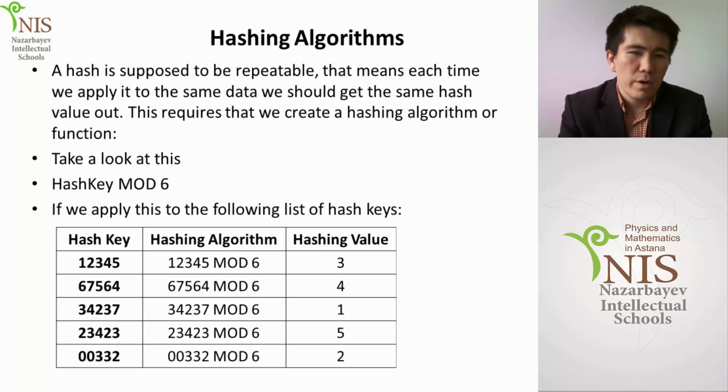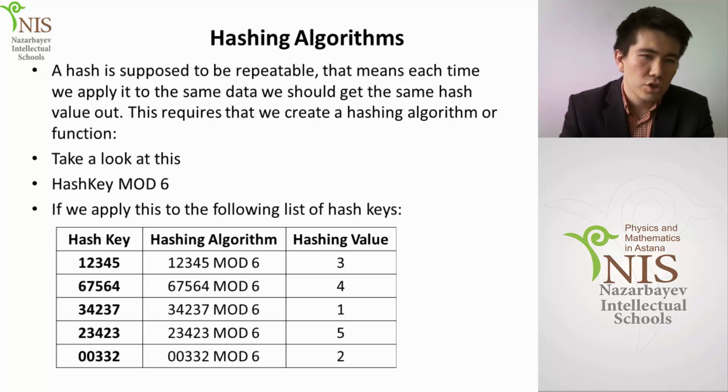If you don't remember what mod means, I'll remind you. Mod is modulus division, which shows us the remainder of the value. In this particular situation, it's the remainder of the hash key. So we divide this hash key by 6, and the remainders will be written in the hash value.